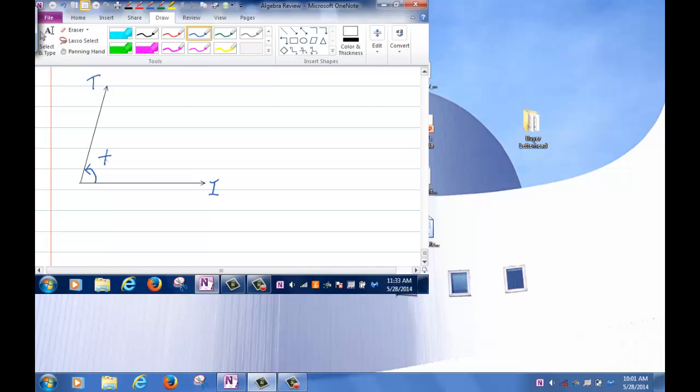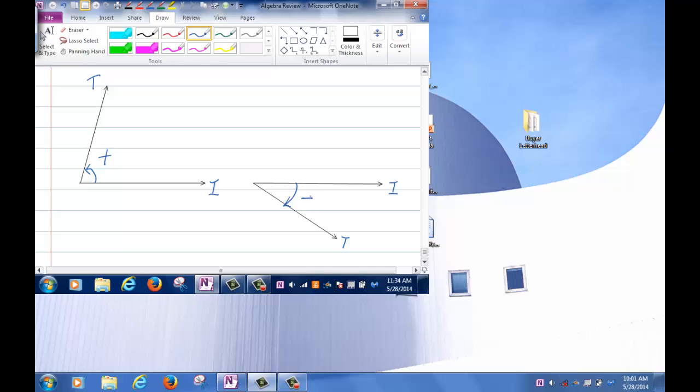If you revolve your terminal side counterclockwise in order to obtain the angle, then it's a positive angle. The angle has positive measure, okay? On the other hand, suppose again you have the initial side here, but this time you revolve the terminal side clockwise to obtain your angle, then this has negative measure, okay?